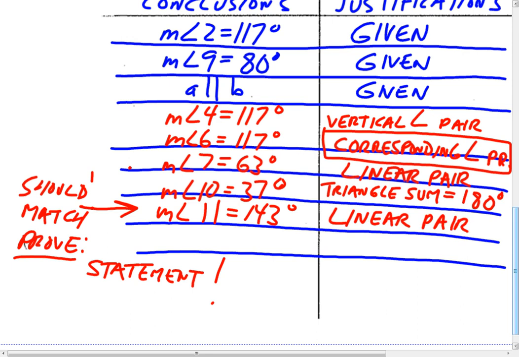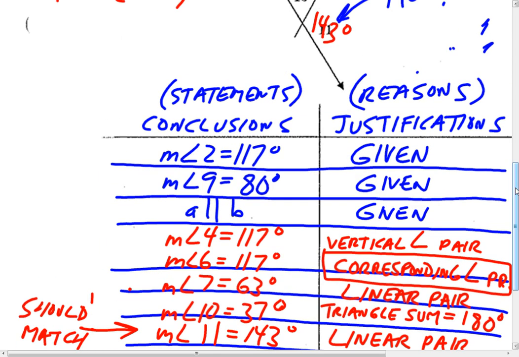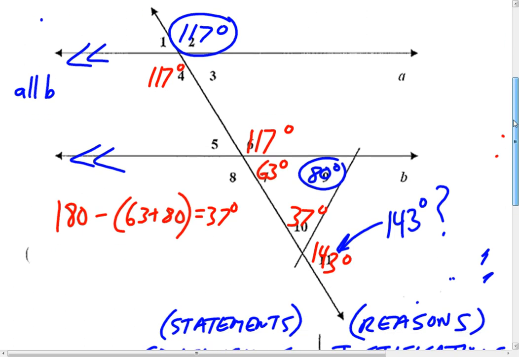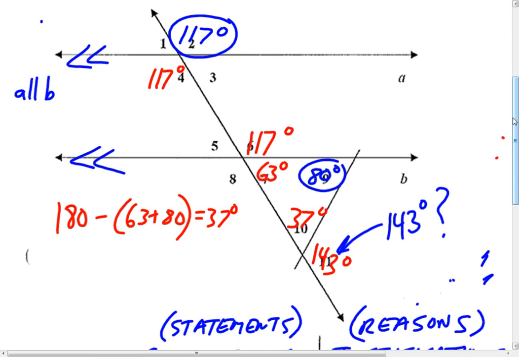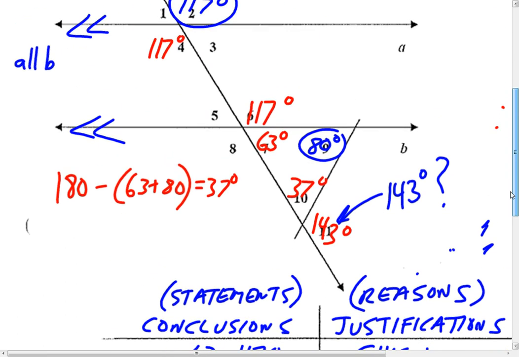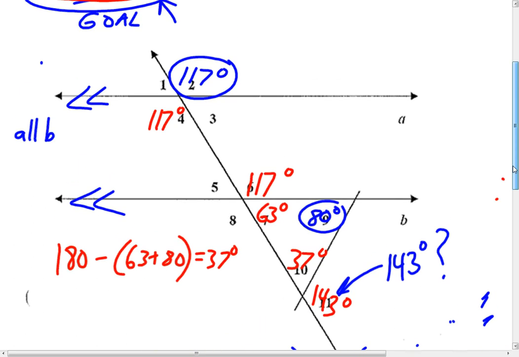You just did an informal proof based on some given information and a diagram. We figured out that given the circled stuff and the parallel stuff, that's 143. Did we have to do this path? Did I need to go from here to here?